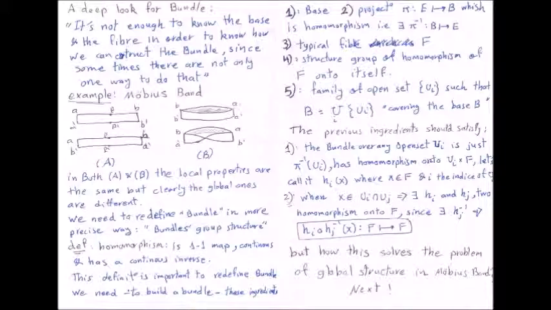This way is called the bundle's group structure. To have a look at this new concept, we need to define the homomorphism, which is a one-to-one map, continuous, has an inverse, and its inverse is also continuous. So this is the homomorphism.